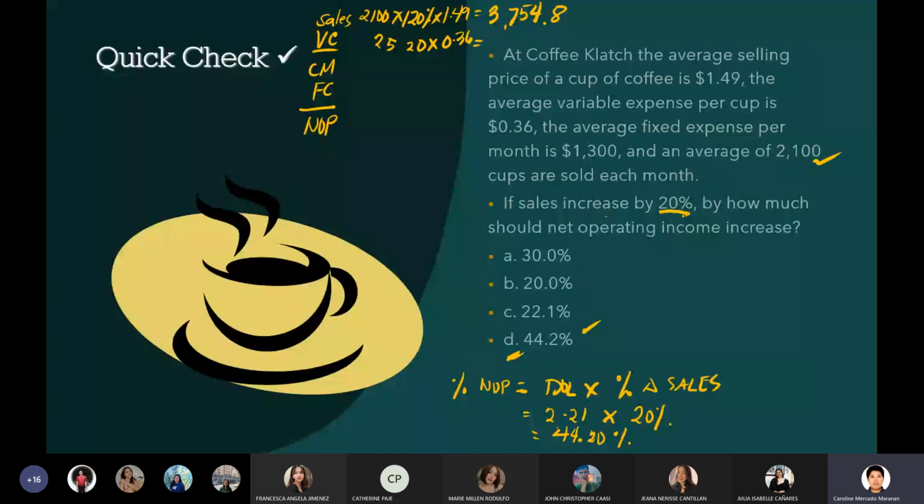Let's repeat: 2,520 times 0.36 would be 907.20.